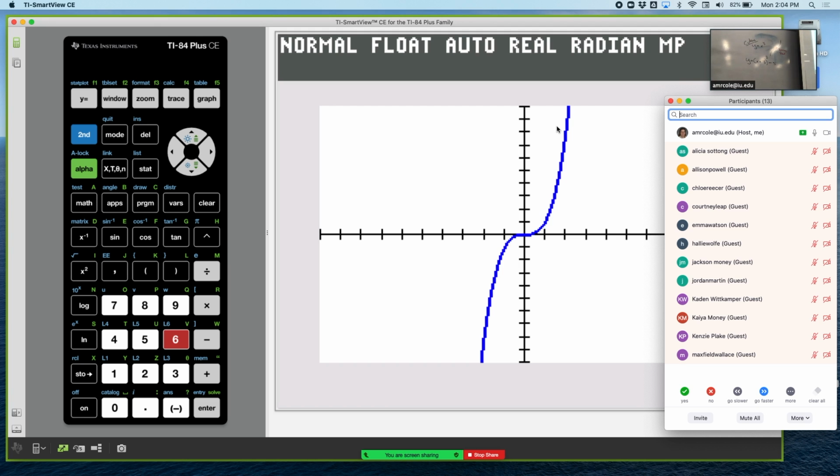Does that look like vertex form? The only difference from what we did a minute ago is I had a 2 right there, so it was a parabola, but I called it vertex form for the parabola. Now I've changed that to a 3, so I know it's a cubic equation, but I still have an inside, I still have an outside. So that's vertex form right there, or at least I call it vertex form. I don't really know what math books call it, but it makes sense.